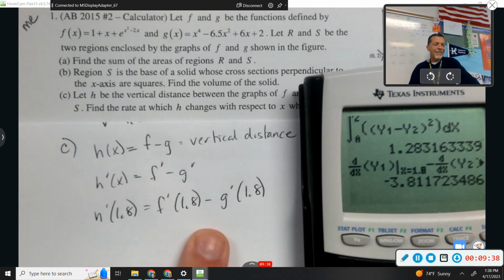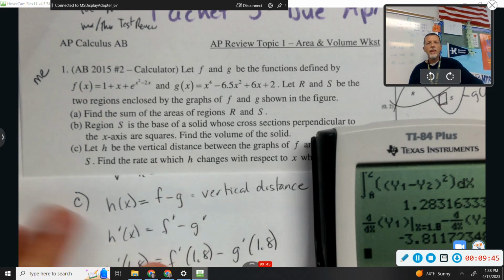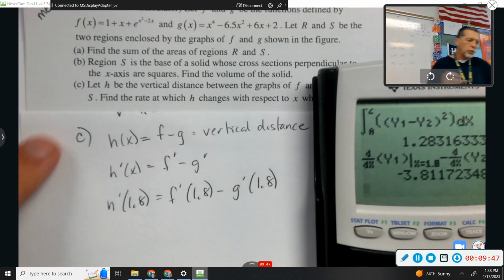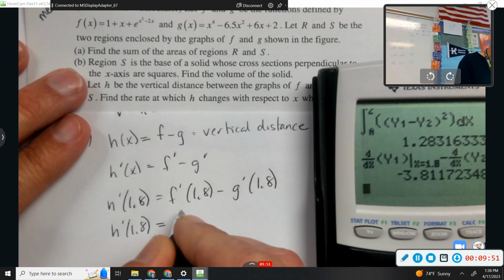And again, it's a calculator problem. They know it's a calculator problem. They're not expecting you to take derivatives of this stuff by hand. They know you have a calculator. Use it. Clearly, they're just testing some vocabulary on this one.